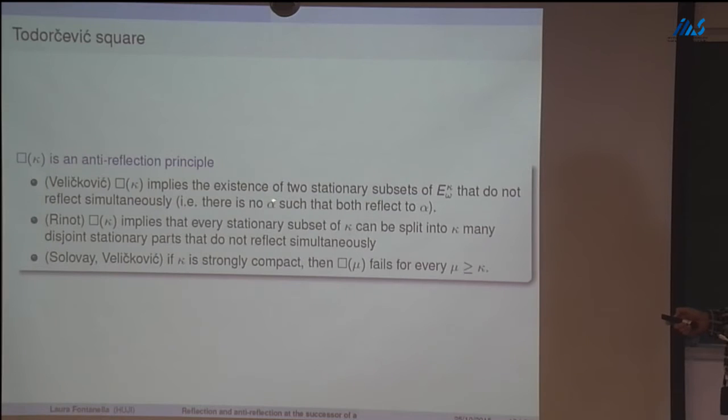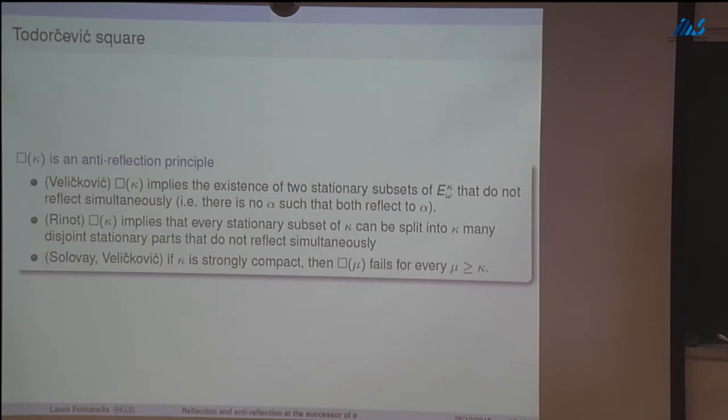Namely, there are two stationary subsets of kappa that do not reflect simultaneously, namely there is no alpha below kappa such that they both reflect to alpha. And it also implies the failure of simultaneous reflection in another version: assuming this principle, you can split any stationary subset of kappa into kappa many disjoint stationary sets that do not reflect simultaneously.